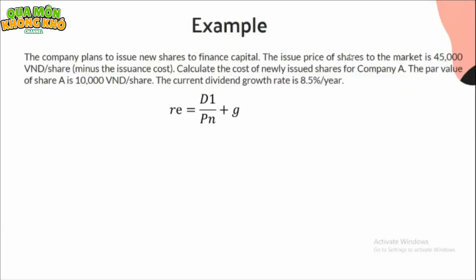What is the origin of the Gordon model, and why can we calculate the cost of equity using the Gordon model? I wonder where this formula comes from?